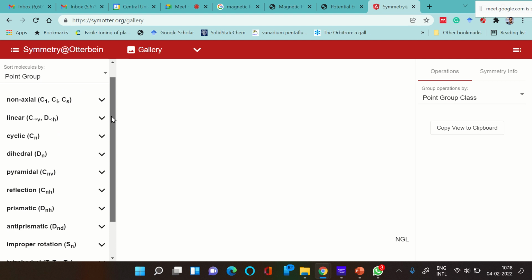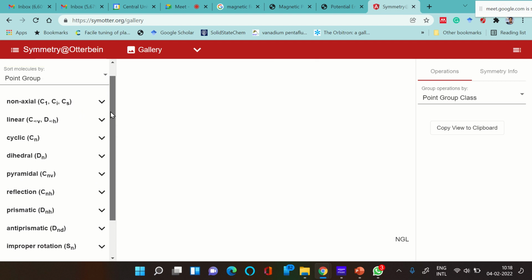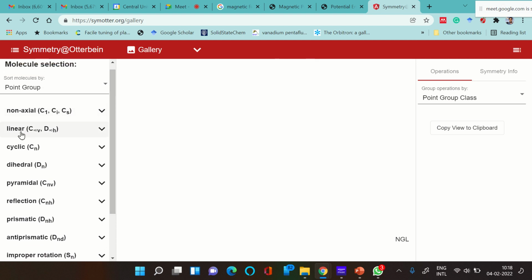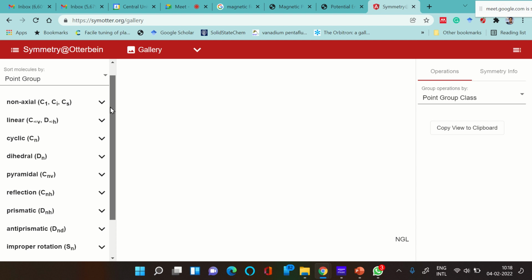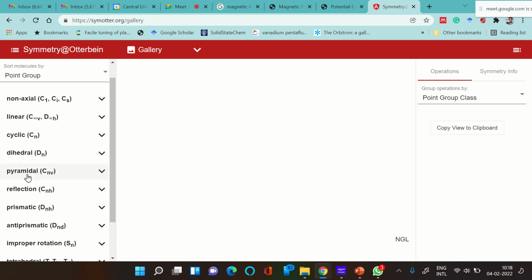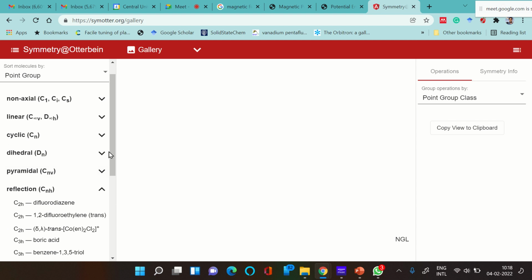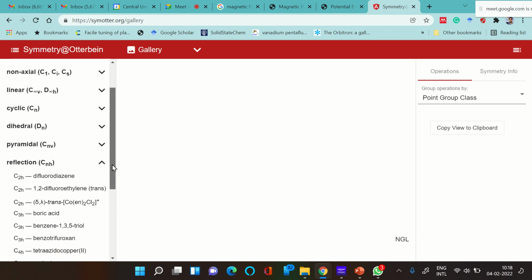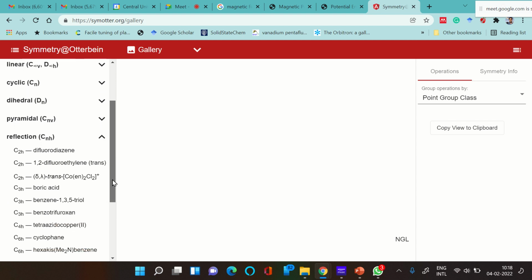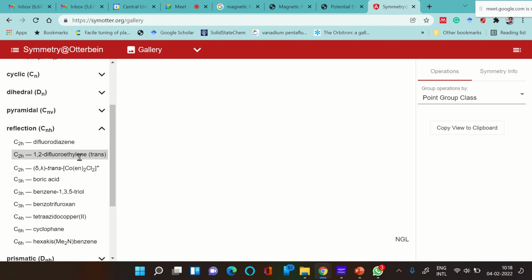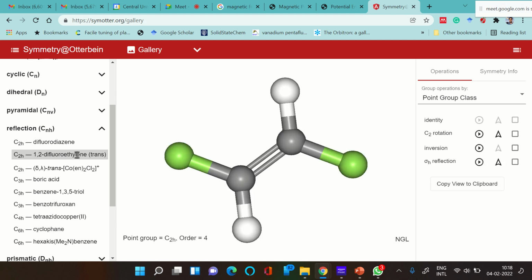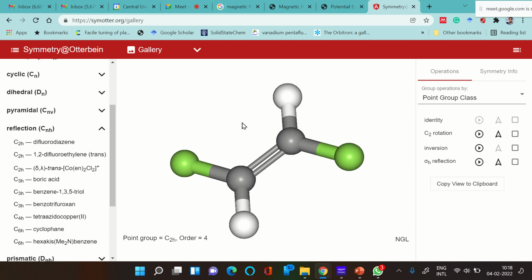See here also the arrangement is like this: the non-axial groups, the linear groups. So we were talking about C2h. Similar to this, this is the example that we were discussing, right? Can you visualize this molecule now?